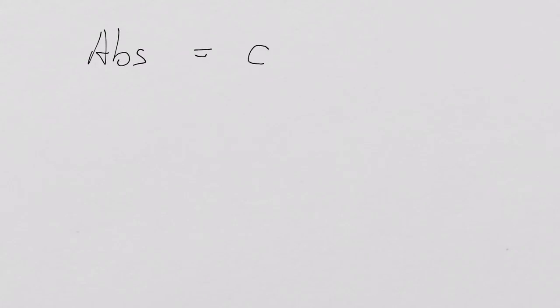Absorbance equals C times D times epsilon. Let's try to figure out what units we have for the different things. Now the absorbance is basically a dimensionless unit. It has no unit.